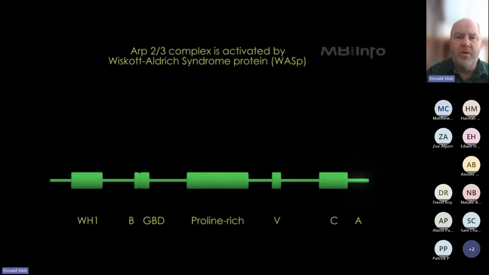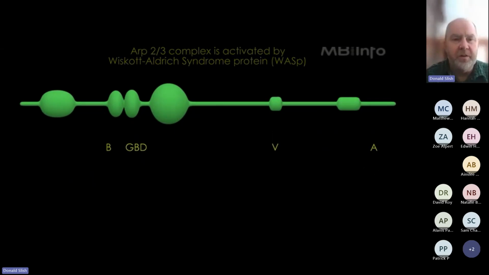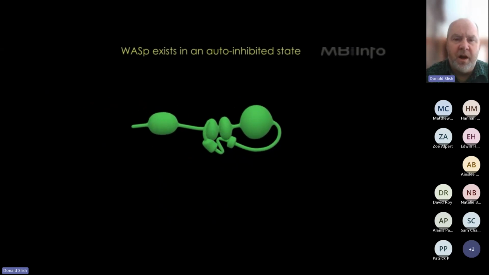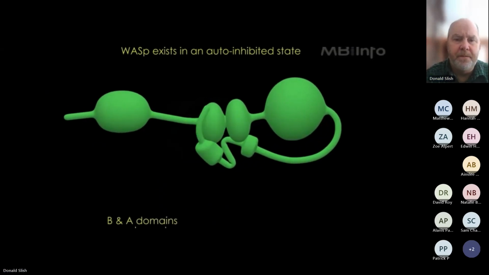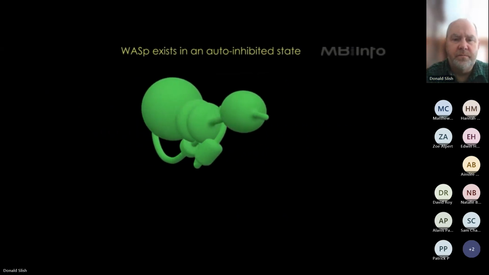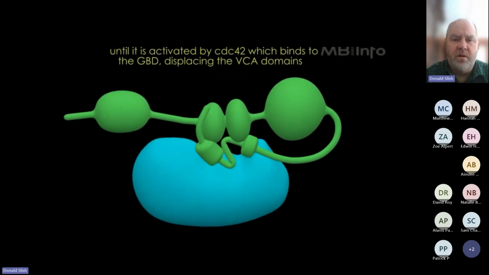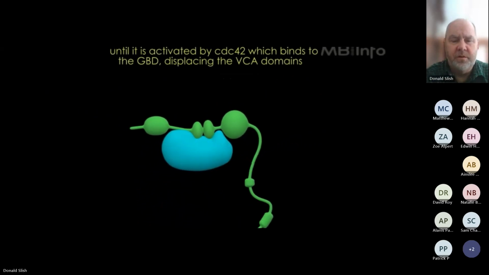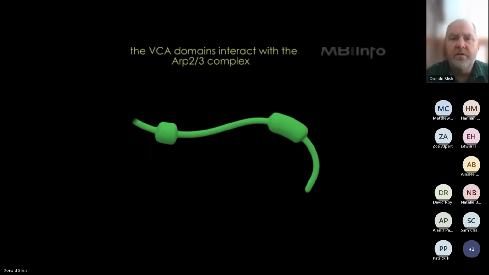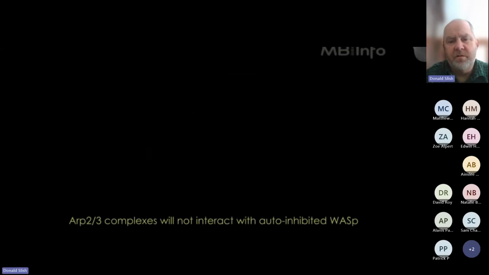So here's WASP. You can tell by the name it's involved in a genetic disorder. So it normally auto-inhibits. This is classic biology. Along comes CDC42, takes up that site and releases the other site. Now this site, the other domain.